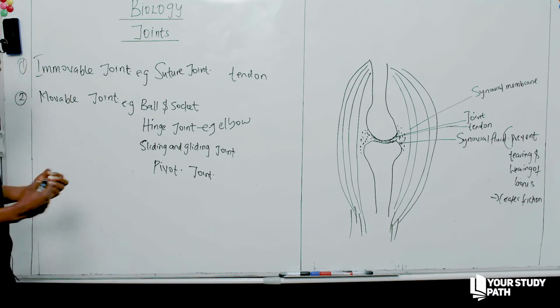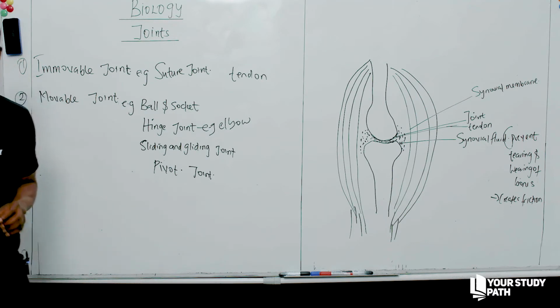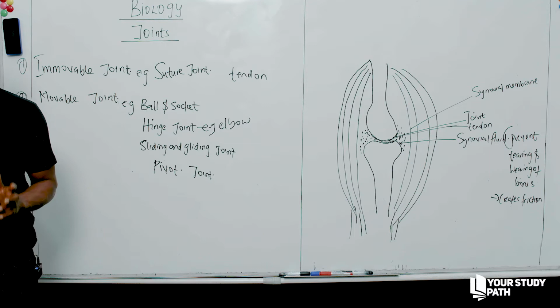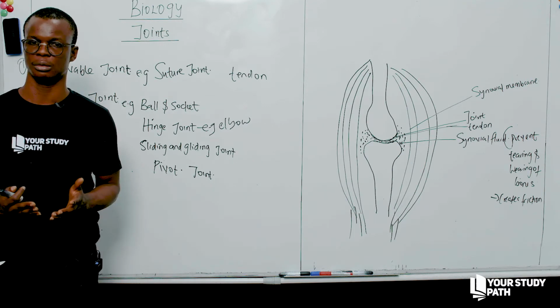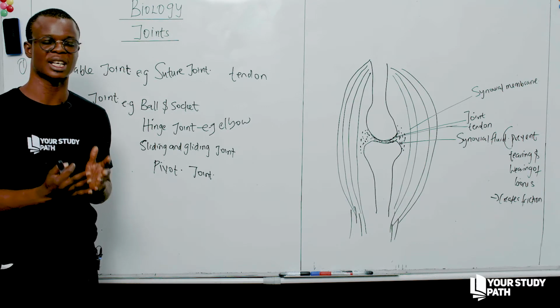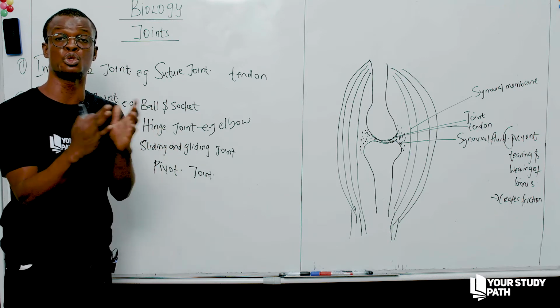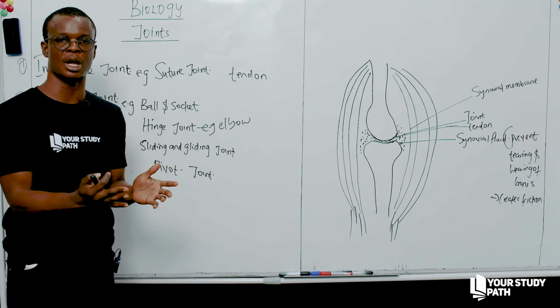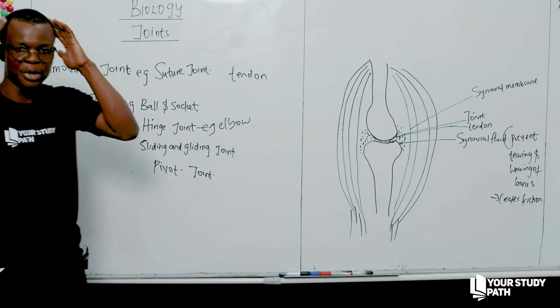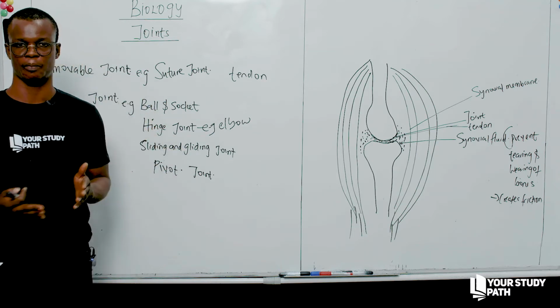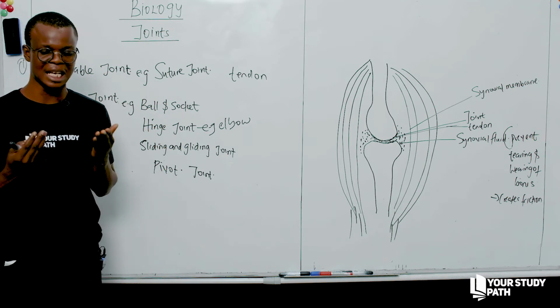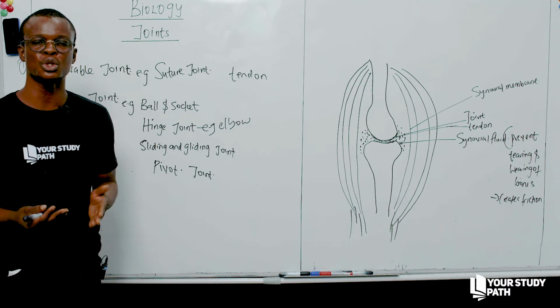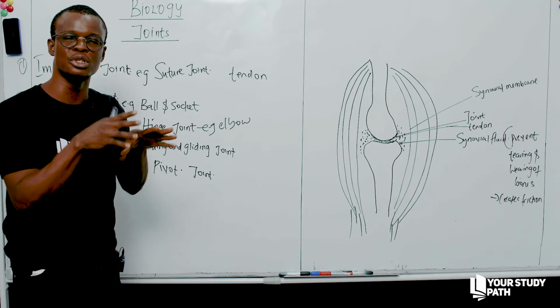We said immovable joints are those joints that are not movable. That means they can't change position. They can't move from one place to another due to the nature peculiar to them. And where are they found? They are found in the skull, and they are called the suture joints. Suture joints come into play as a result of attachment of small bones together.